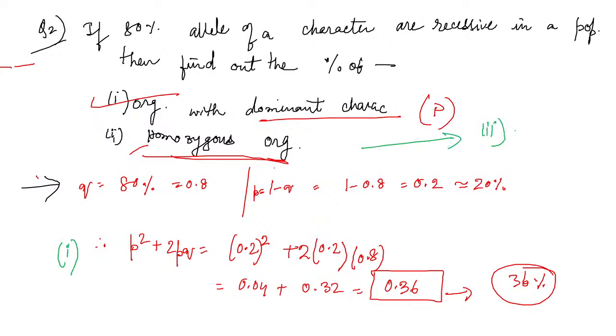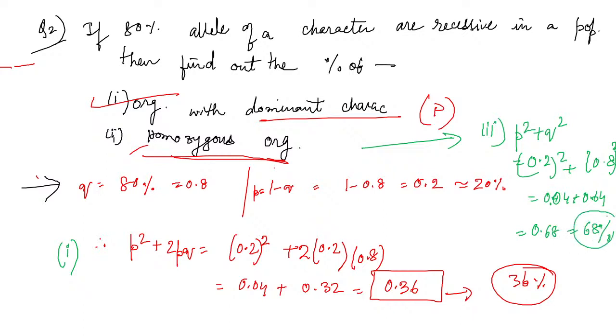We'll find the homozygous organisms by p square plus q square, which equals 0.2 whole square plus 0.8 whole square, which equals 0.04 plus 0.64, which equals 0.68, that is 68%. So one is 36%, one is 68%, and these are the answers.